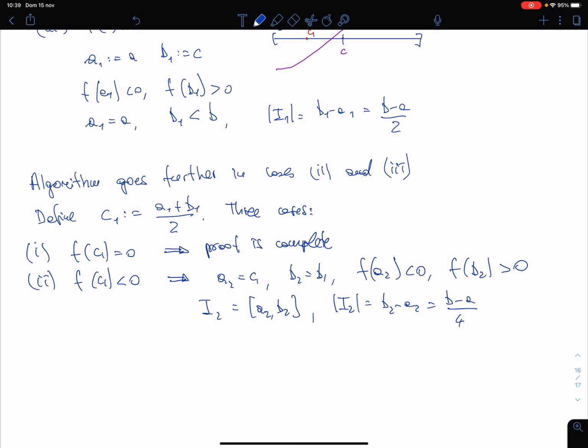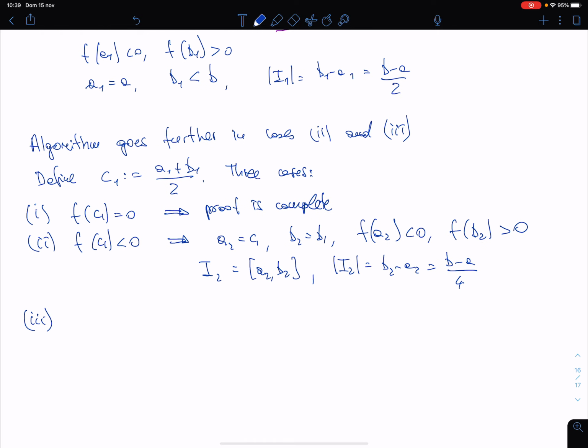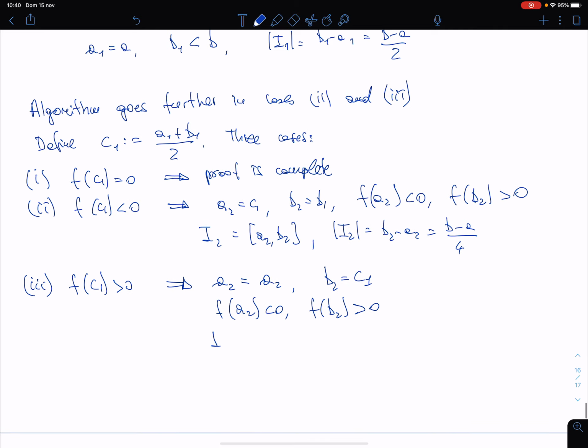Okay? The third case is when f of c1 is larger than 0, and this time a2 will be the same left extreme of the interval as before. a2 is equal to a1, and b2 is equal to c1, and here we have f of a2 less than 0, f of b2 larger than 0, and as before, I2, the new interval, is the closed and bounded interval a2, b2, and again the size is (b minus a) divided by 4.